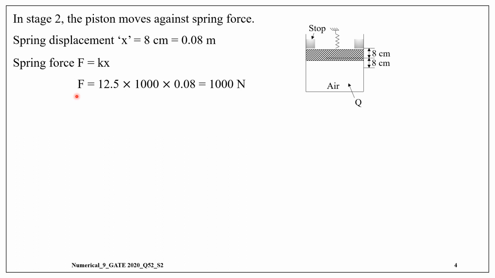Spring is exerting a force of 1000 newtons, which is equal to 1 kilonewton over the piston. That means the upward movement of the piston is resisted by a force of 1 kilonewton offered by the spring.